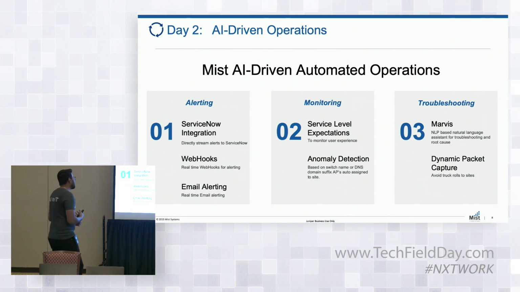I think what I'm really excited about is how you'd be able to monitor going forward. We distill a lot of data that comes to the cloud, and we present it to you in the form of SLEs. SLEs are our definition of how your user experience is at any given point of time, on a per client basis, on a per site basis, on a per org basis, all 3 aspects of it.